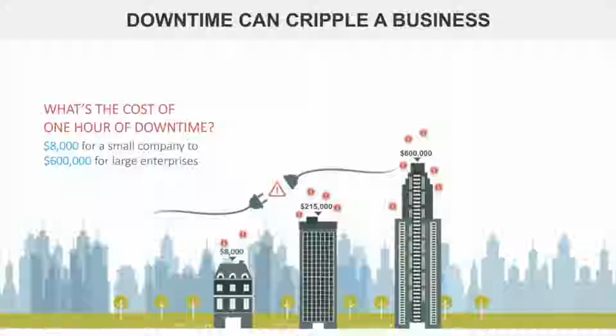The average cost per hour of downtime is over $200,000 per year. Now, for a small to medium business, it might be something around $8,000 to $10,000 per hour is the average. And then for large organizations, for enterprises, the cost can scale up to $600,000 per hour of downtime.